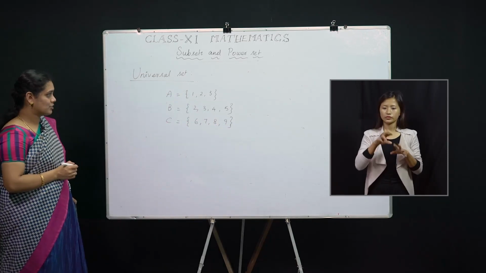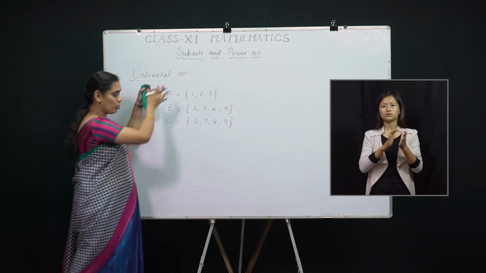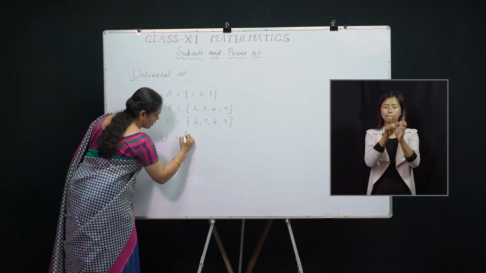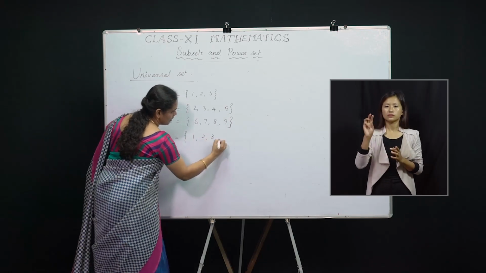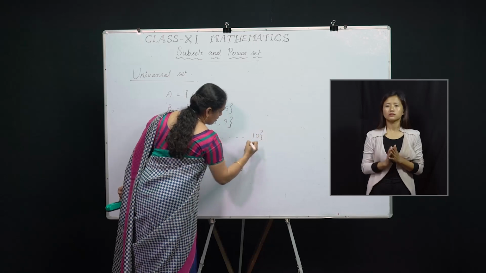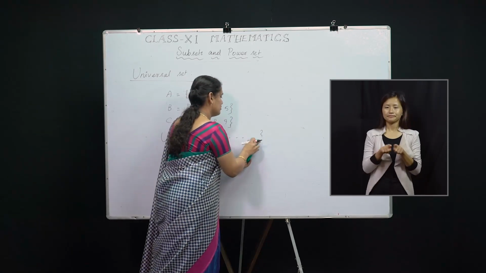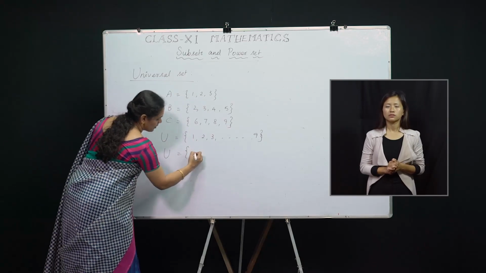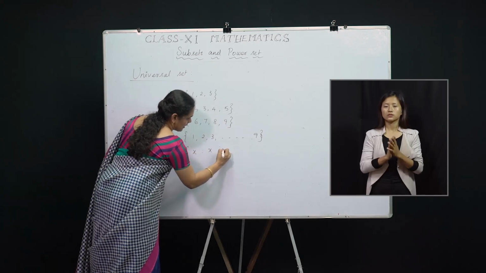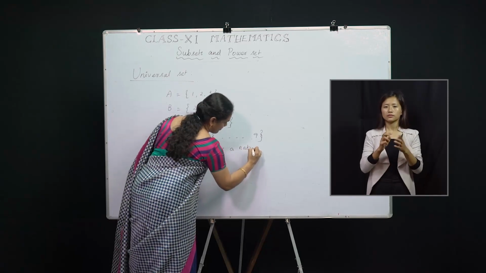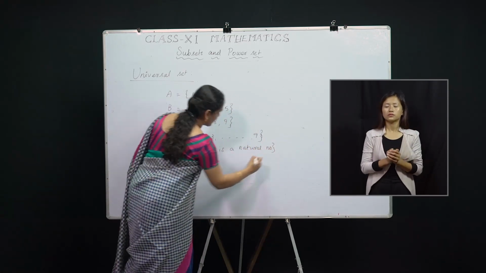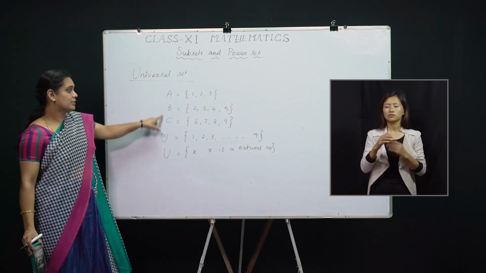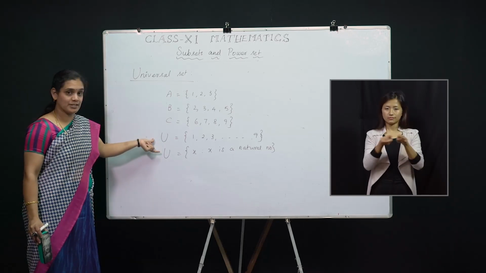If we can find a superset which contains all these sets, that is denoted by U. It may be 1, 2, 3 till 10 or 9 also. You can put 9 also, isn't it? Otherwise, the set of all x such that x is a natural number. See, this is a superset of these 3 sets. This is also a superset of these 3 sets. So therefore, the universal set is not unique.